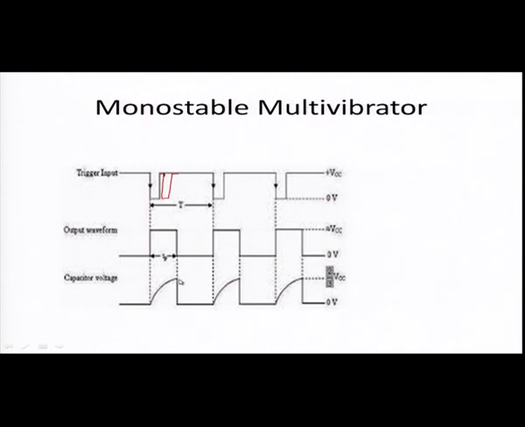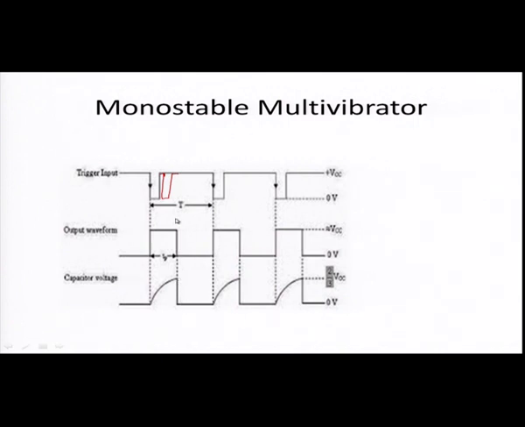Only when the capacitor's voltage reaches 2/3 VCC will the output go to a 0 potential, because this is the threshold voltage at the upper comparator. Once the threshold voltage is exceeded, the upper comparator resets.